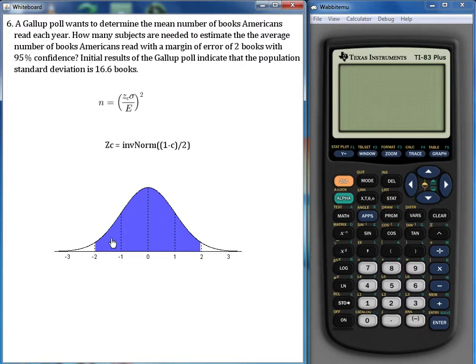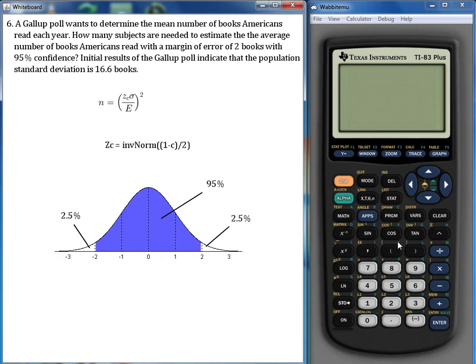If this is supposed to represent 95% of my data, then the white areas here in the tails are each 5%, which means half of that is 2.5% in each of the remaining ones. So if I want to figure out what this value is right here, using the inverse norm function, I always have to provide an area to the left. So that's essentially what this is setting up.